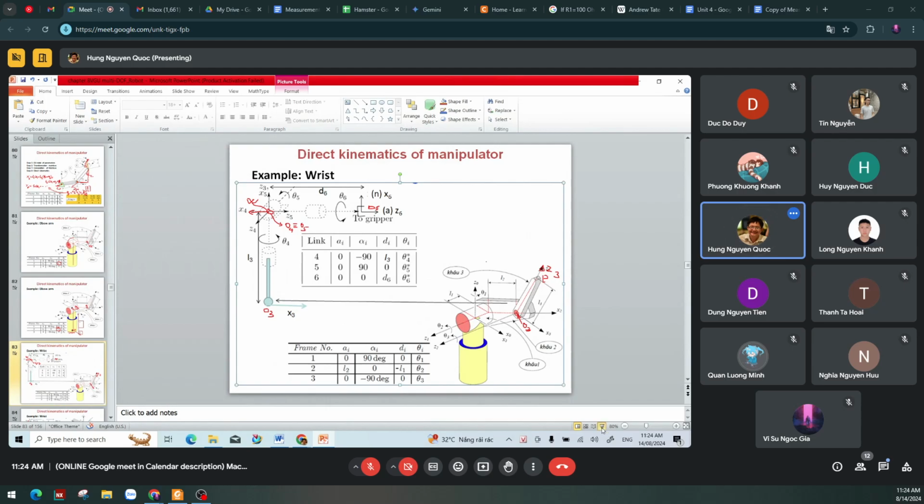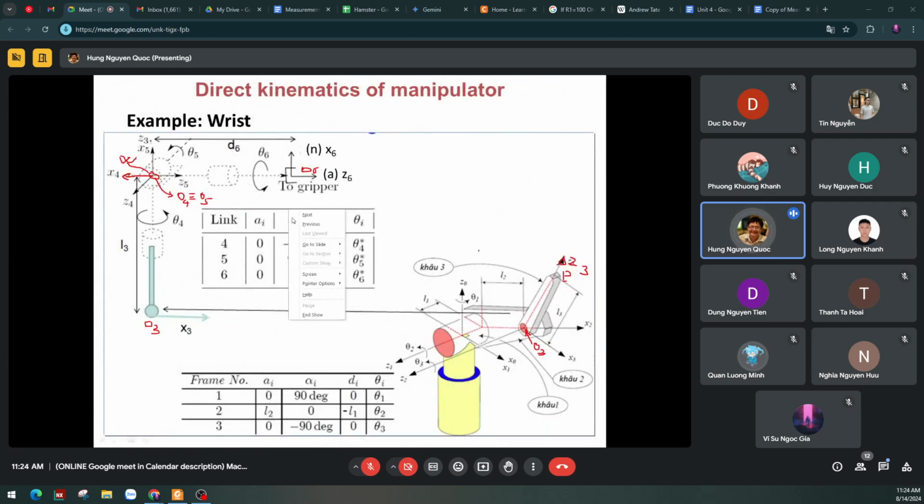So N in this direction, Z in this direction, and of course Y is the sliding.